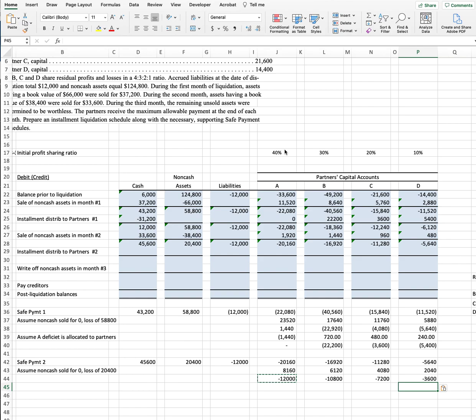Okay, so now we have the distribution for each of the partners, and we see that that doesn't send anybody into a negative, like a deficit.